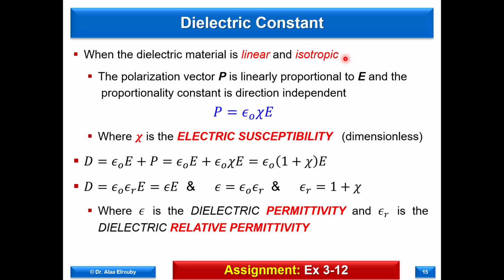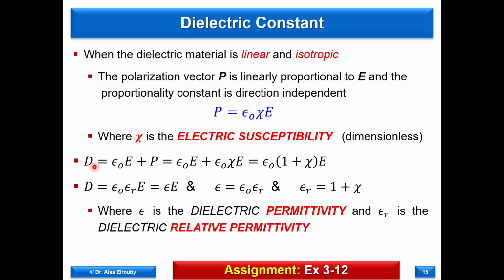But if the direction of the electric field doesn't affect the behavior of the material, it's called isotropic material. If the material is linear and isotropic, the polarization vector is linearly proportional to the applied electric field. And the constant of proportionality is called susceptibility. Susceptibility, xi, is introduced here.